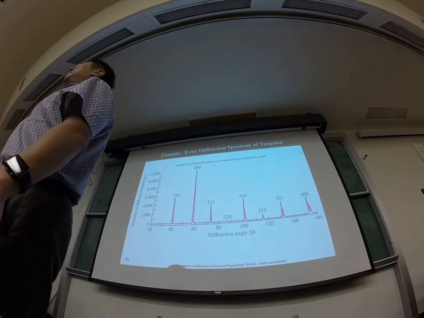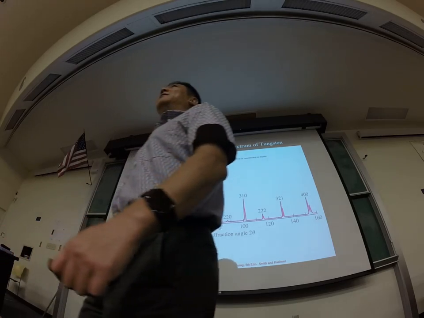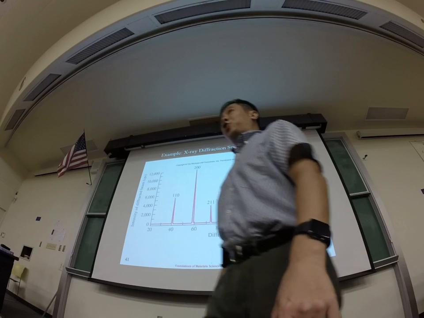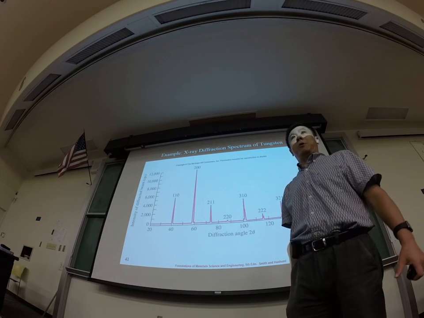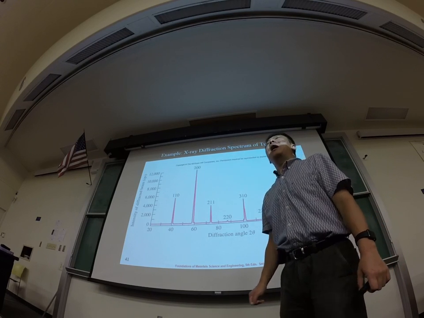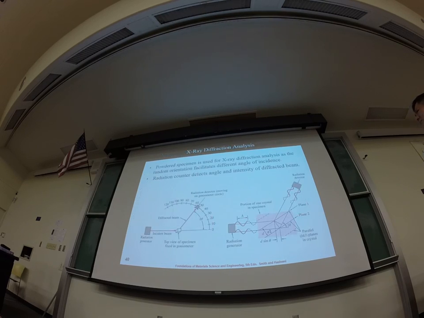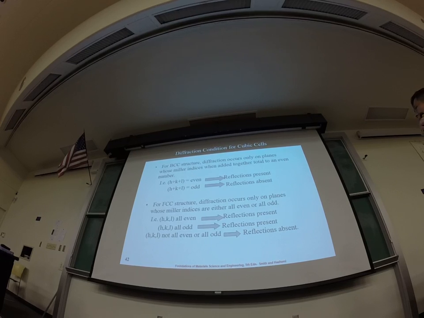Why is it that only even numbers show up in the diffraction? Is it because only those exist for BCC? No. All the other planes also exist in the BCC structure; you could have whatever plane, actually. This is for the selection rule.